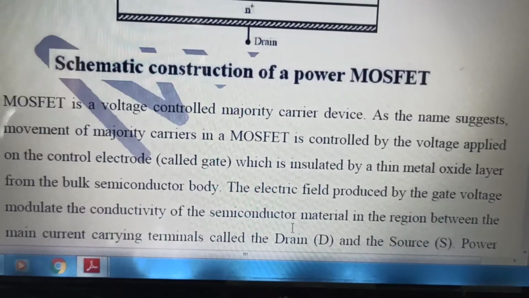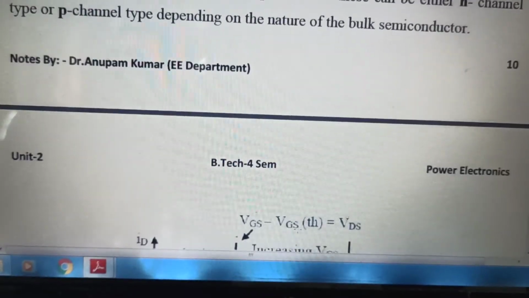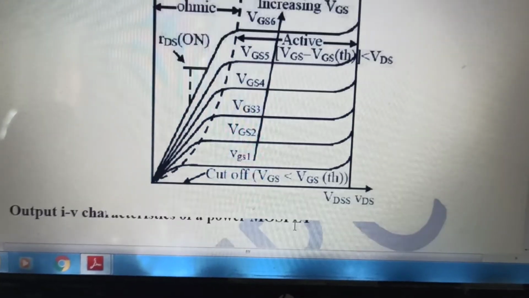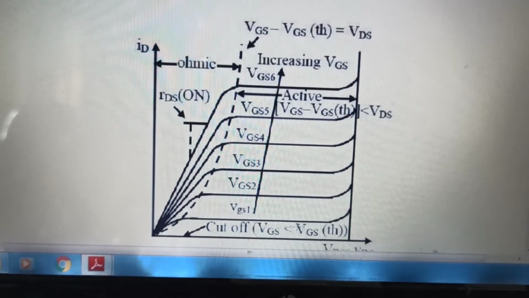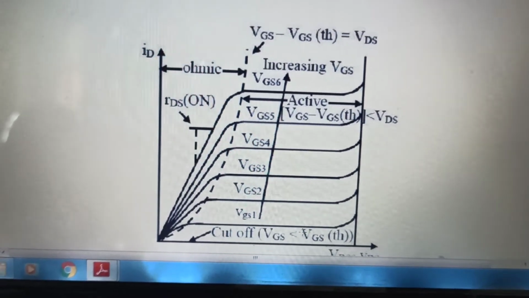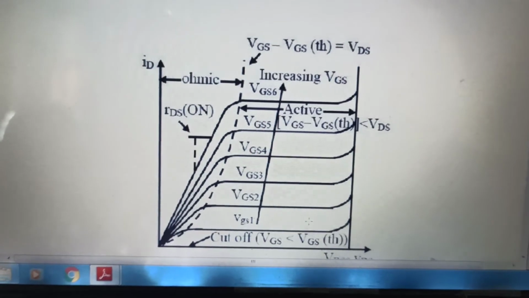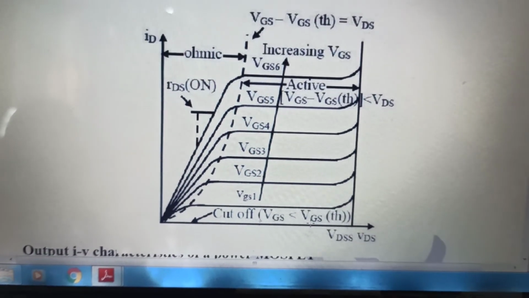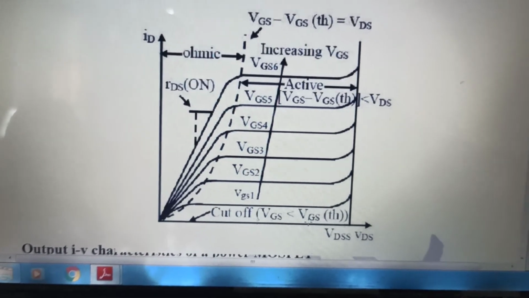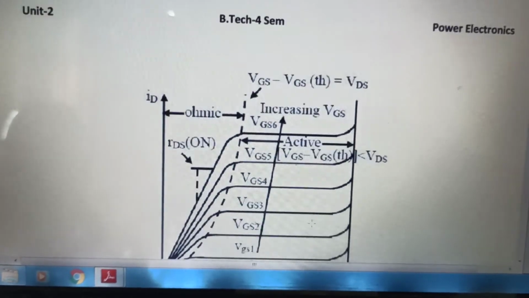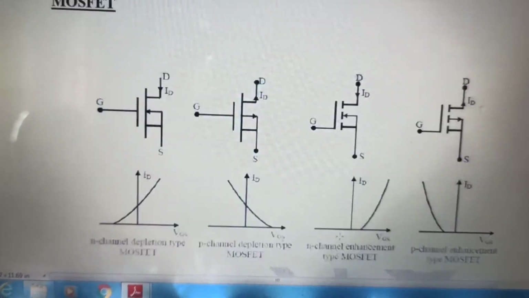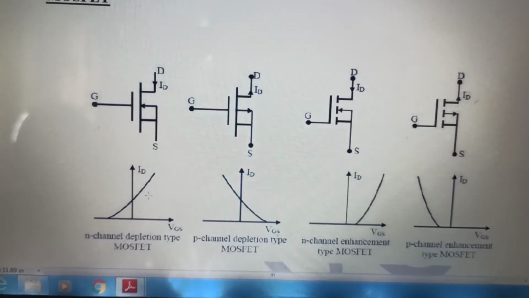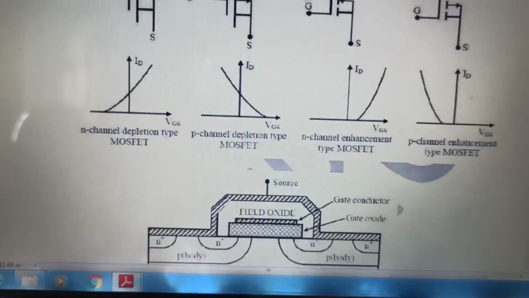After the schematic construction of the MOSFET, I will come straight to the output characteristics. Have a look at this. Output characteristics are between ID and VDS, whereas the transfer characteristics were between the drain current and the gate source voltage.